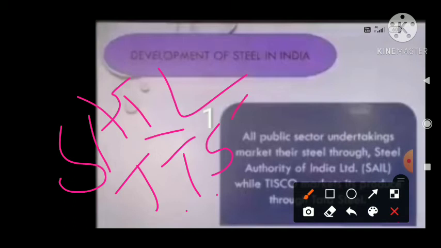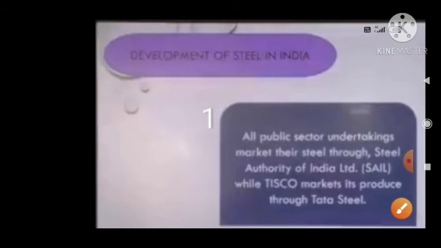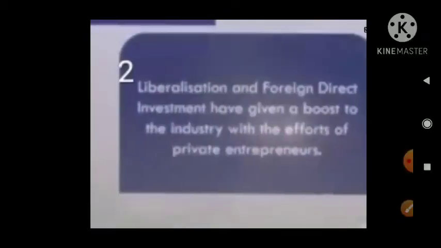If you know the full form of Tisco, write in the comments. So public sector companies like SAIL and Tisco produce steel in India.